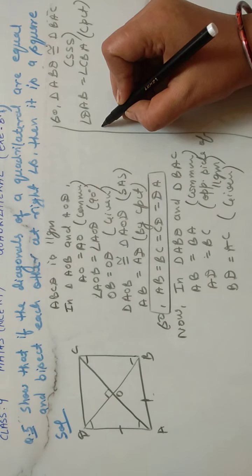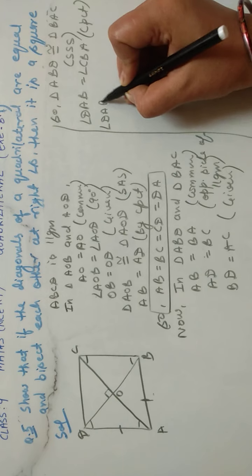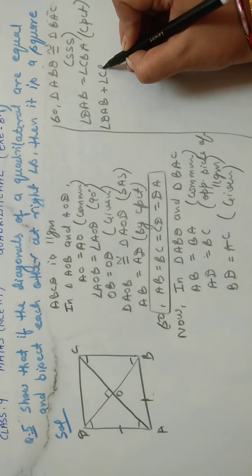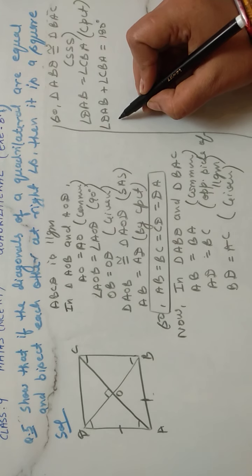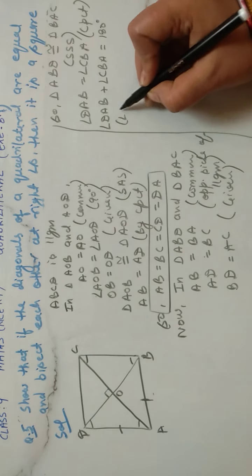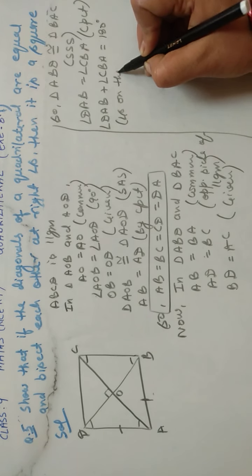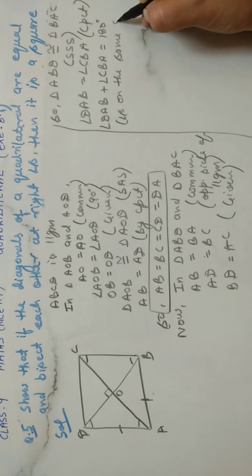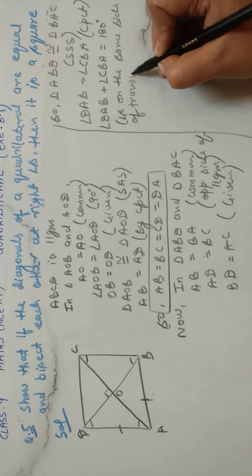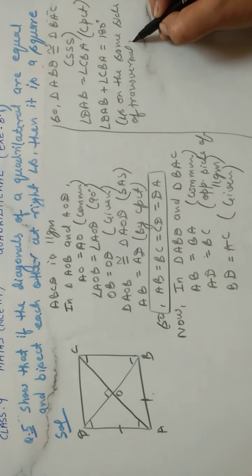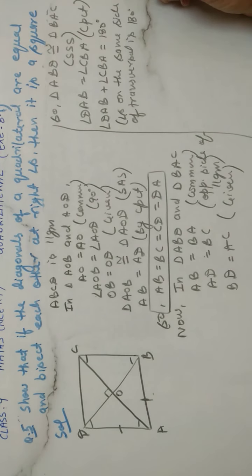So what you can write? Angle DAB plus angle CBA is 180 degrees. Okay, angles on the same side. The reason is angles on the same side of the transversal are supplementary, 180.